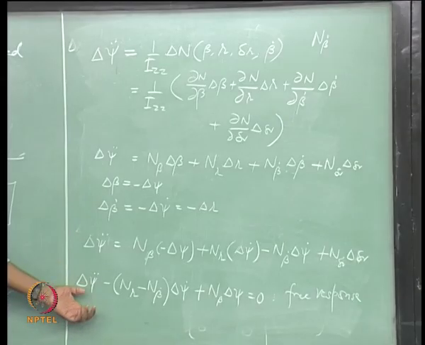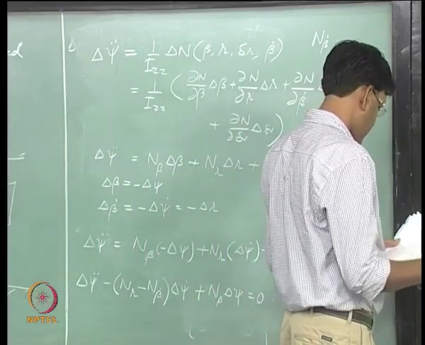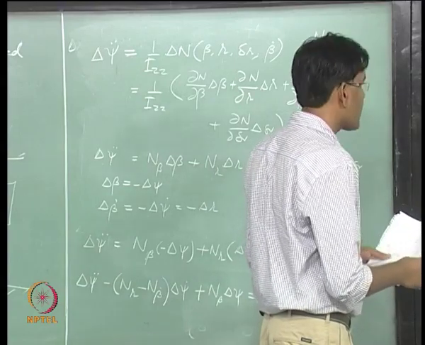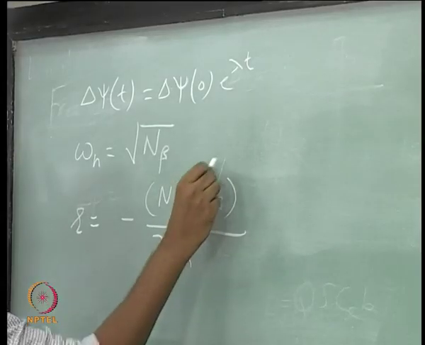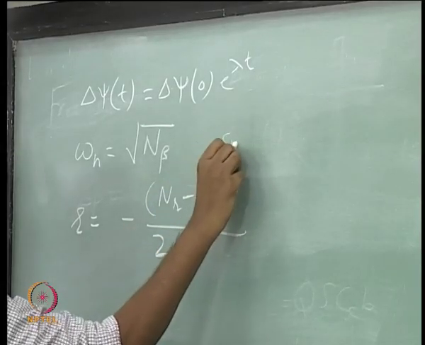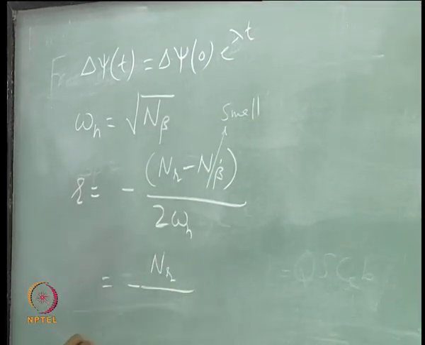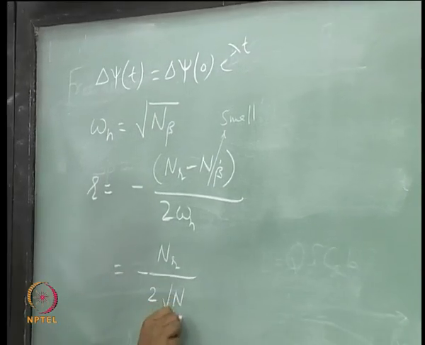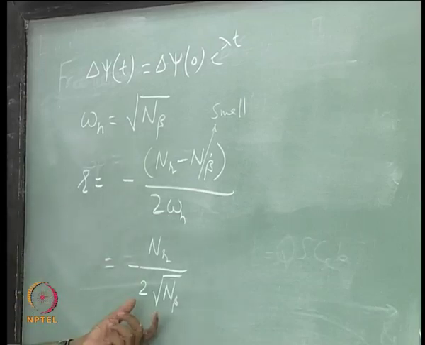We are talking about response of a second order system. This is usually very small. You can neglect this and find out an expression for the damping ratio, which is this, minus of N r over 2 square root of n beta.